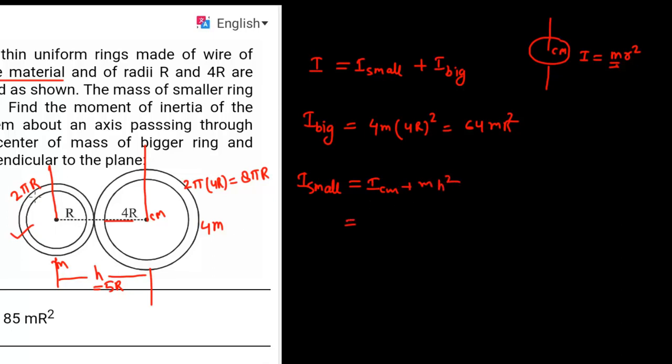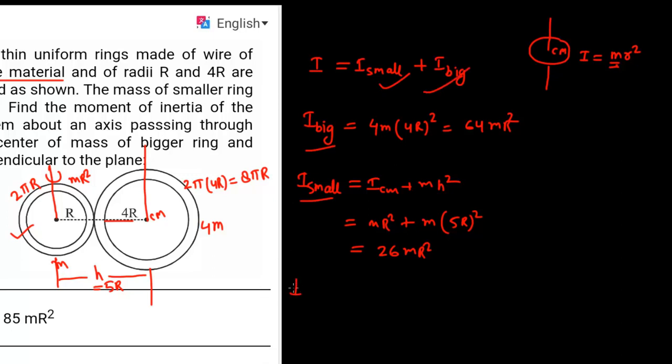About this axis, its moment of inertia will be m r square plus m and 5r whole square. So this will be equal to 26 m r square.